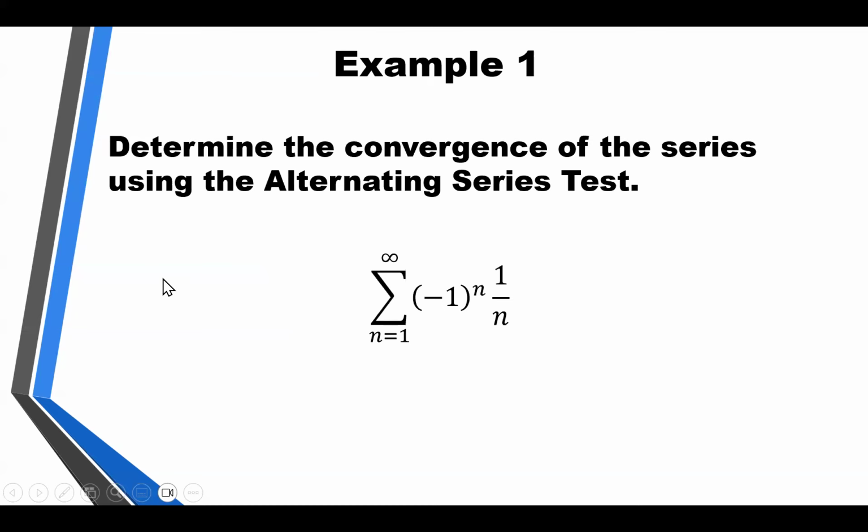Let's do an example. Let's determine the convergence of this series using the alternating series test. This infinite series is written in a very nice way, with the negative 1 to the n already factored out. It's the infinite sum of negative 1 to the nth power times 1 over n.